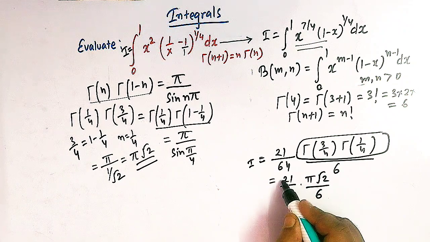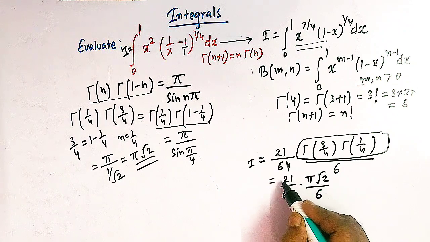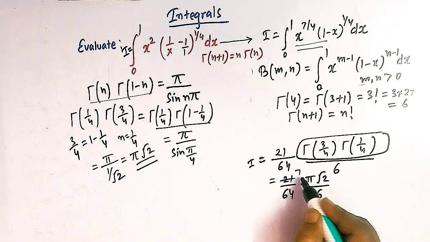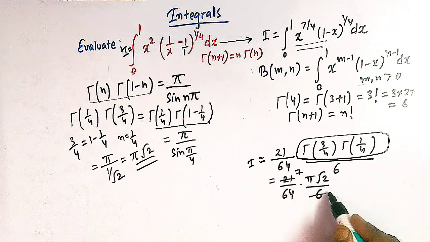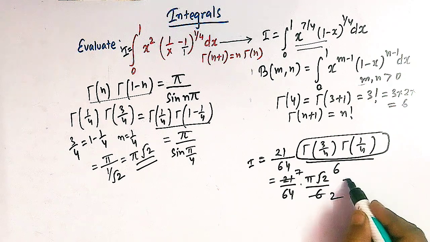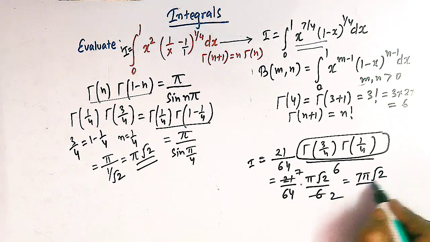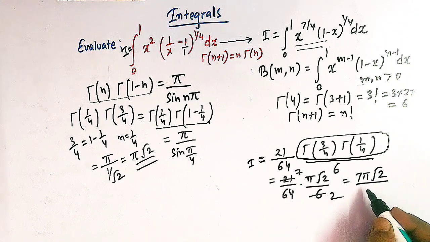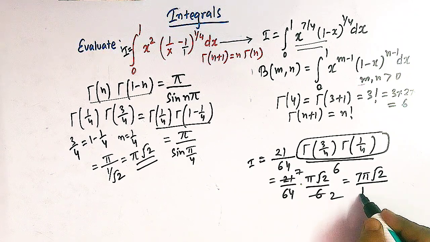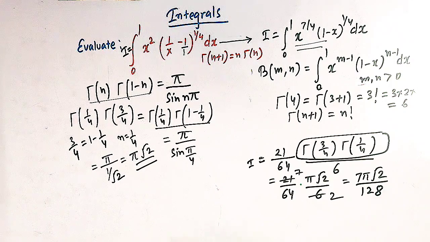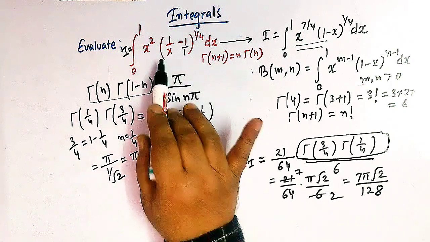So now we can cancel 21 and 6. The common factor is 3. So here we have 7, and here we have 2, right? So this is 7 pi root 2, and here 64 times 2 is 128, right? So here's the value of this integral.